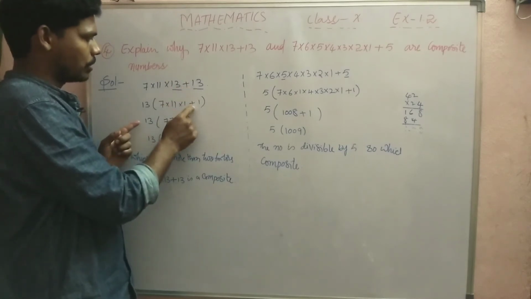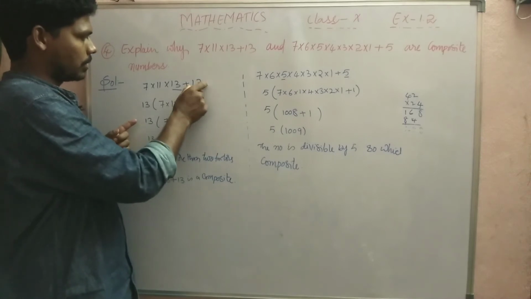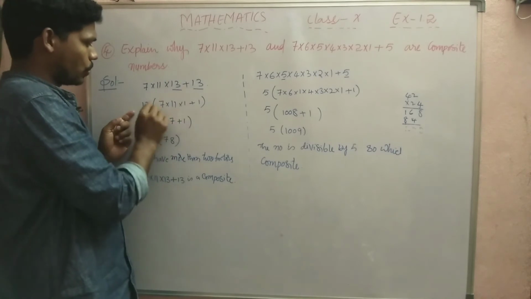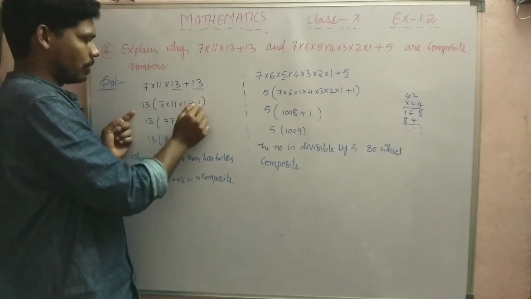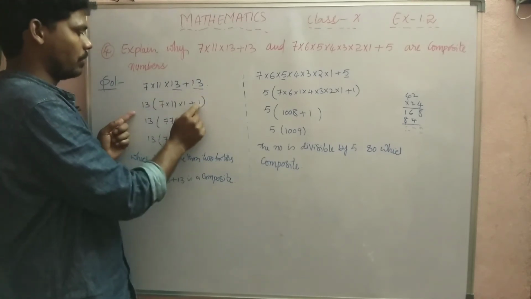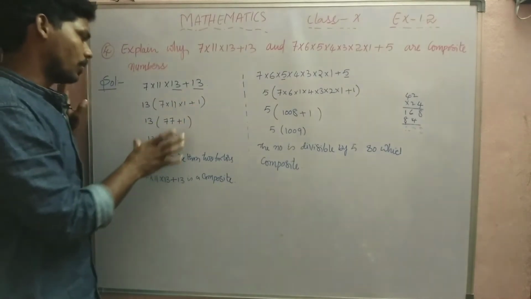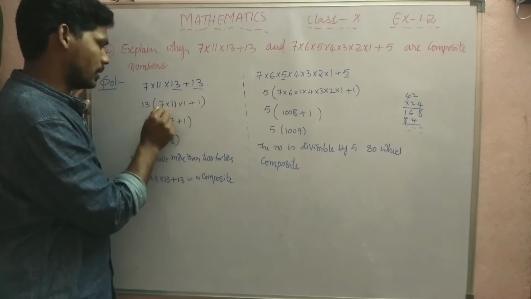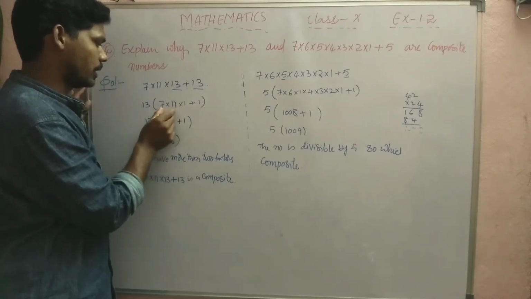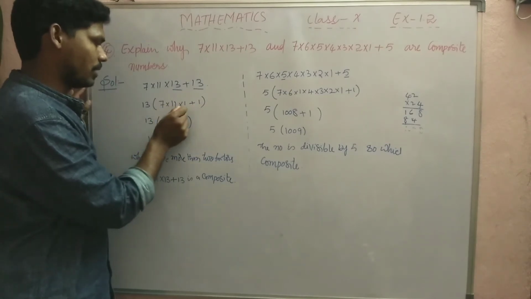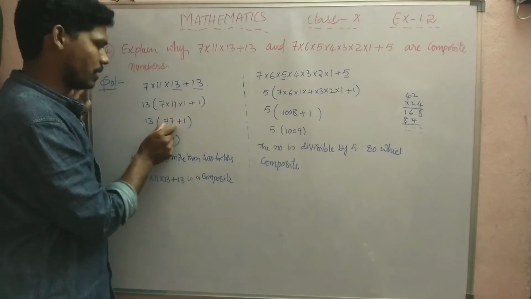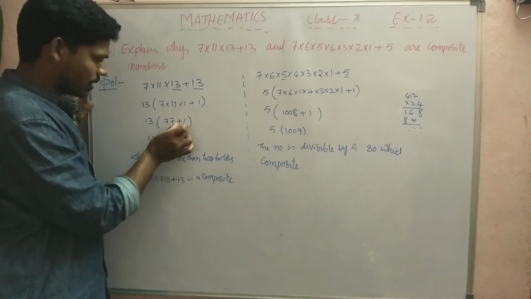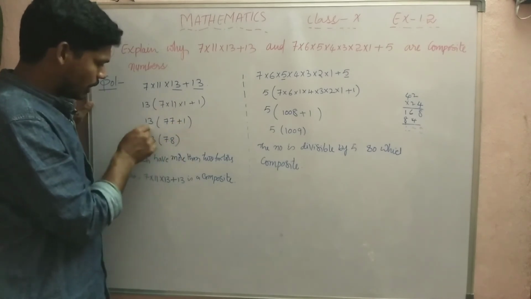Now first simplify the inner bracket: 7 into 11 into 1, that is 77, plus 1 gives 78, into 13.